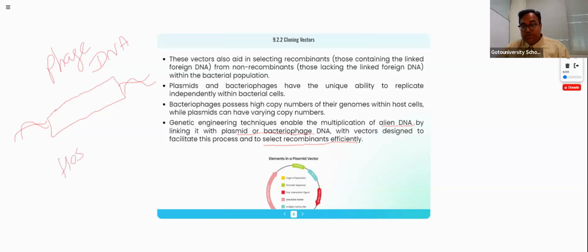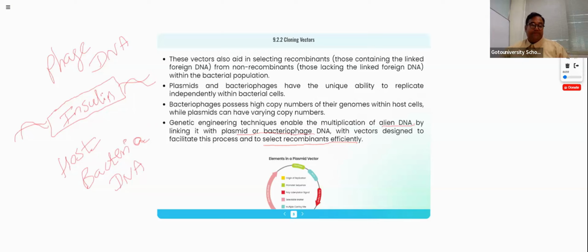The host is the bacterial DNA, into which the foreign gene is introduced. Let us consider the insulin gene. Who has introduced it? Phage DNA has introduced it into the host bacterial DNA.